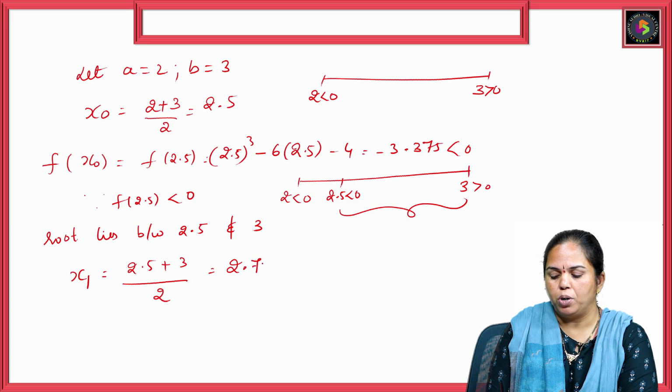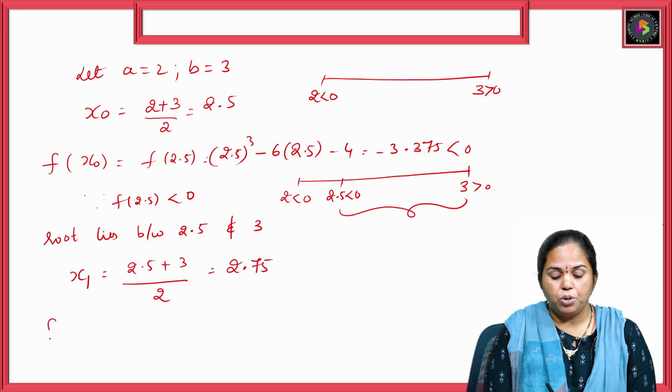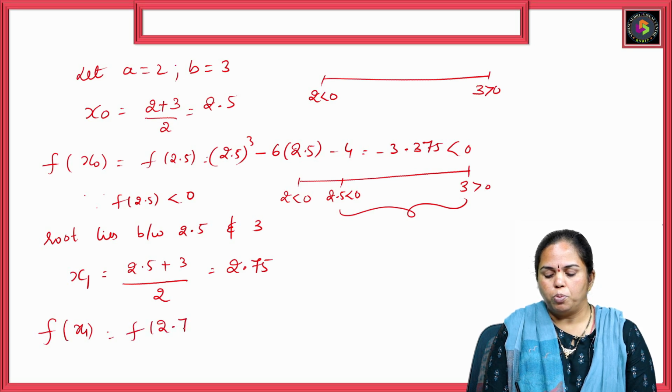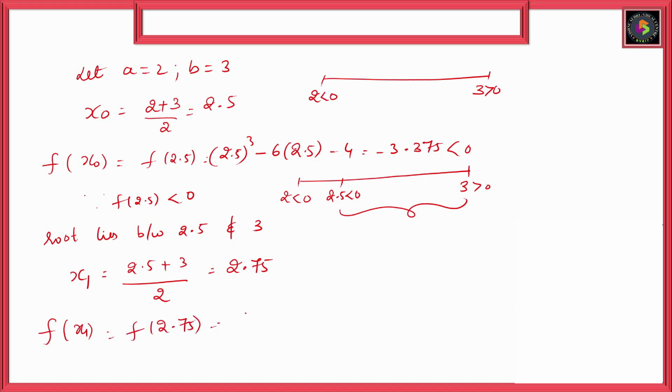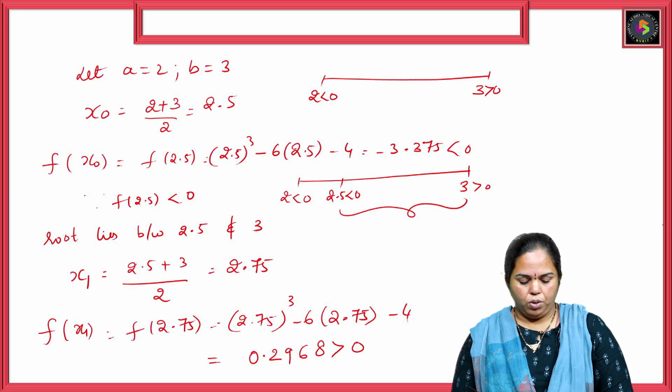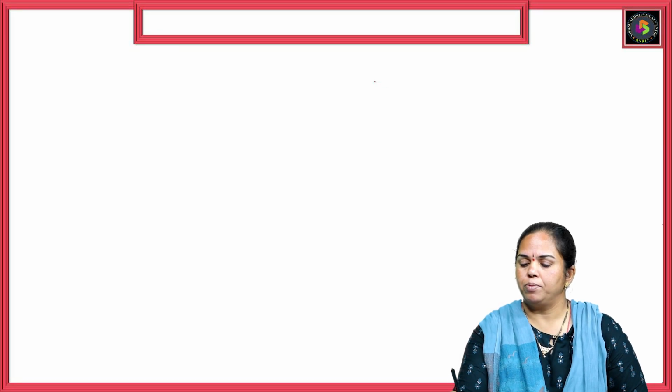The answer is 2.75. Again you have to find f of x1, that is f of 2.75. So 2.75 whole cube minus 6 into 2.75 minus 4. The answer is approximately 0.2968, greater than 0.